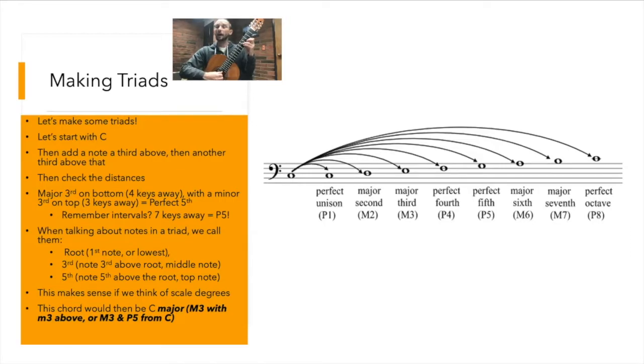Although another way you could think about it is you have a major third and then a fifth away from C. So it's just kind of how you want it. You could think about these notes in a couple different ways. Major third on the bottom with a perfect fifth, or major third with a minor third on top of it. Just all about relationships. Also, speaking of relationships, kind of a happy sounding chord.